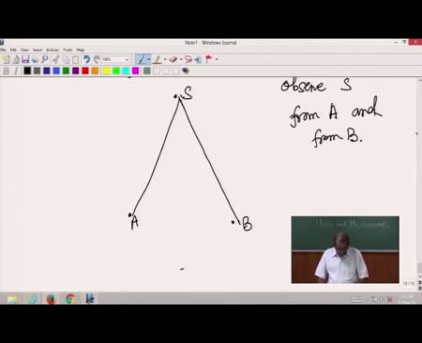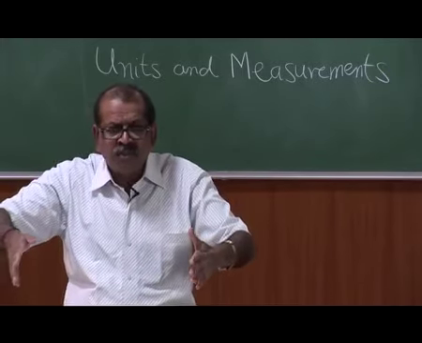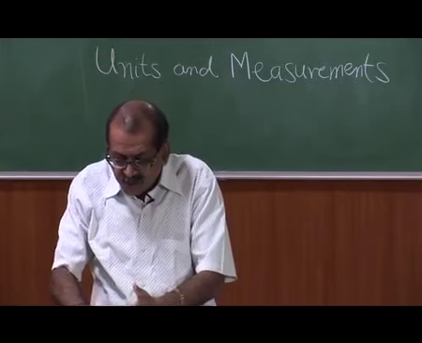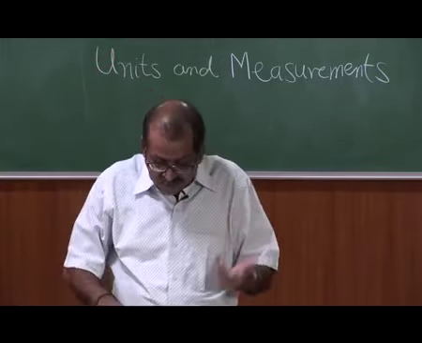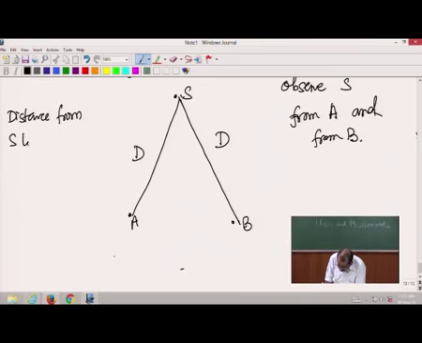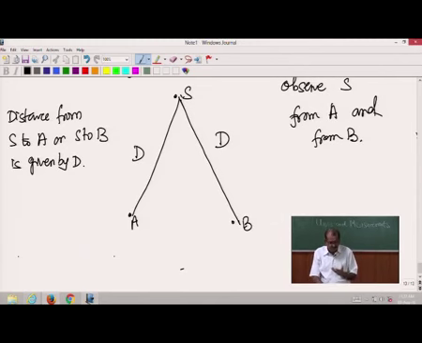Think of A and B as two observation points, let us say on the surface of earth, and S is some planet located far away. So, the distance from S to A or S to B will be the same, given by D, and this is what we want to measure.